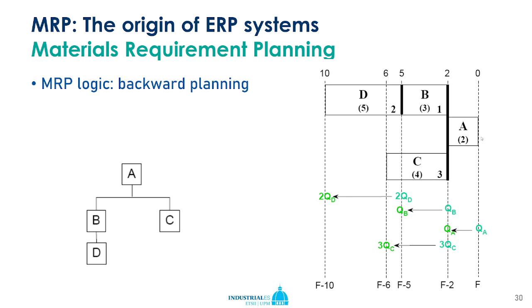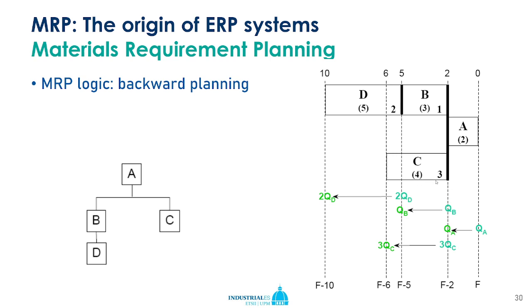So if we want to get this product finished by date F, or 0, what we need to do is to move 2 days backwards, and at that time we need to have one product or subcomponent B and 3 components C, so that we can start assembling those items on date F-2 and get it done by date F.